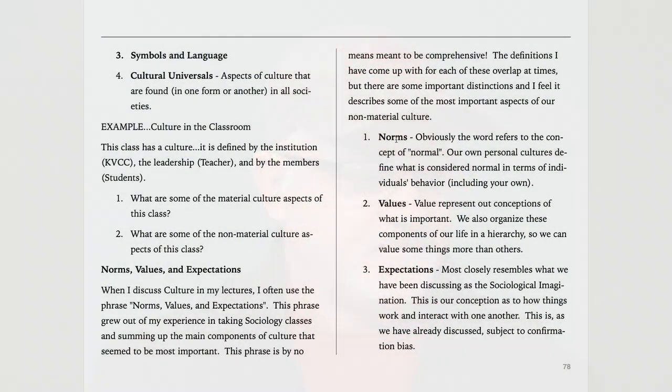So if we have norms for behavior and we have those as a very high aspect of our hierarchy of values, we can sometimes come in conflict with individuals because they have different norms than we do. But the values are that it's an emotional connection to the importance of something, such as what we consider to be valuable. And finally, we have expectations.